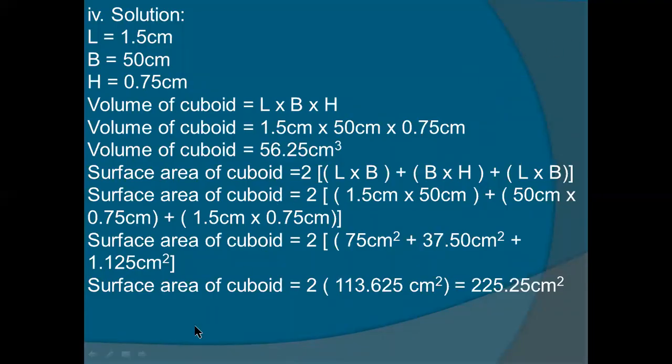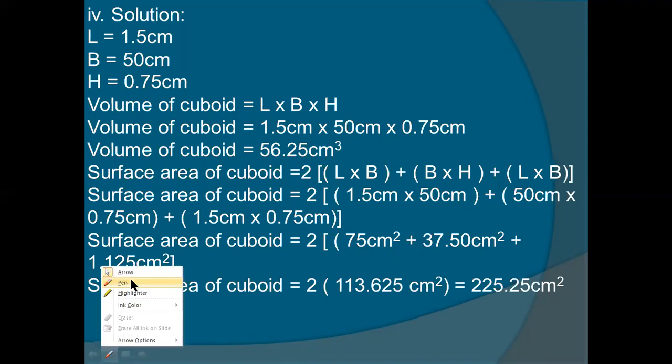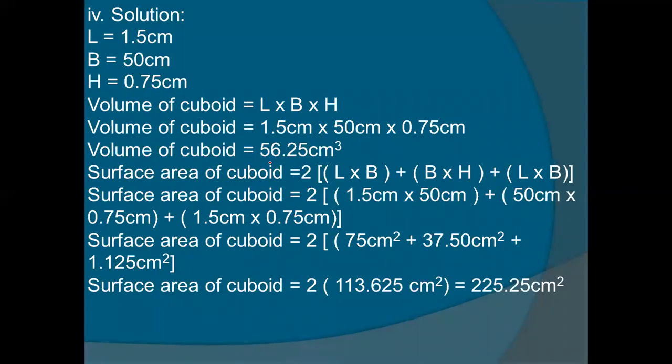Now dear students, in the fourth part the same pattern is given. Length is equal to 1.5, breadth equal to 50 centimeter, height is equal to 0.75 centimeter. Now volume of cuboid is equal to length multiply breadth multiply height. After taking values 1.5 centimeter, 50 centimeter, and 0.75 centimeter, after multiplication its answer is equal to 56.225 cubic centimeter.